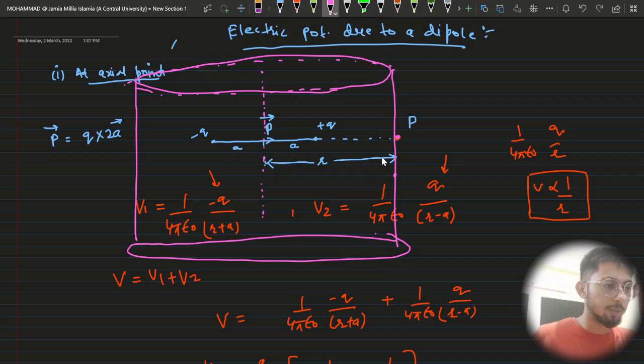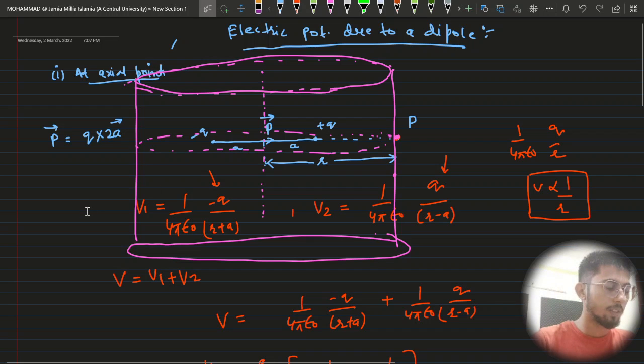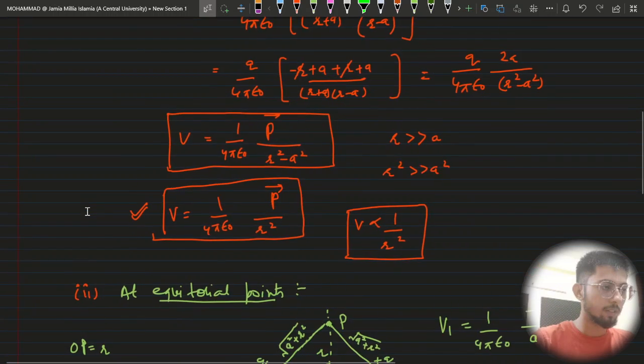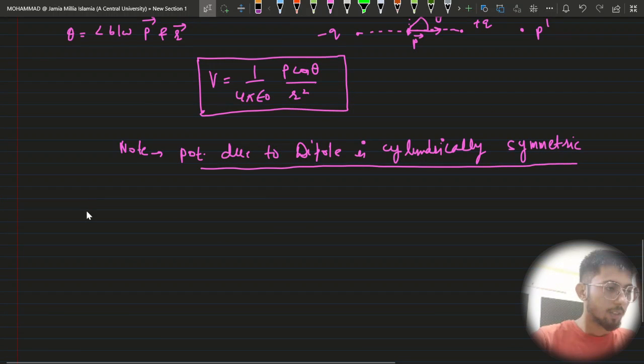This r has to be the same, and the angle, so this point can be rotated like this on the surface of the cylinder. So this is what it is.